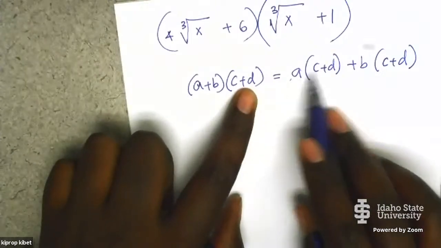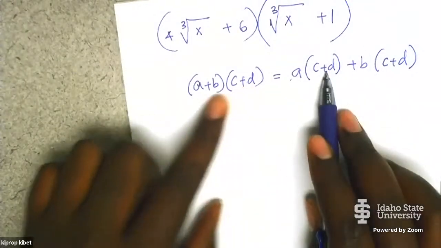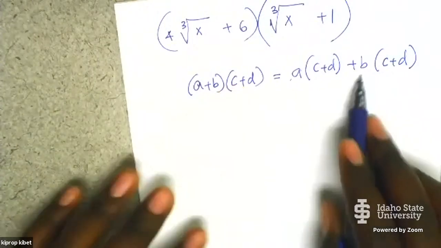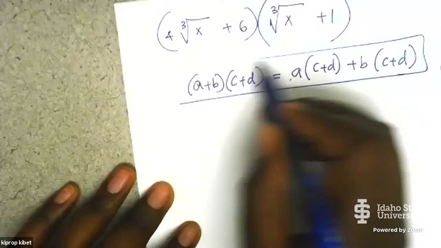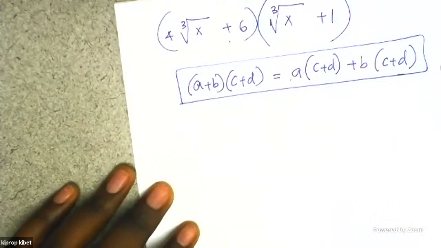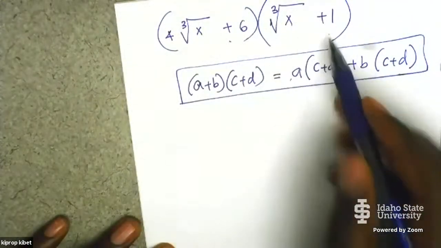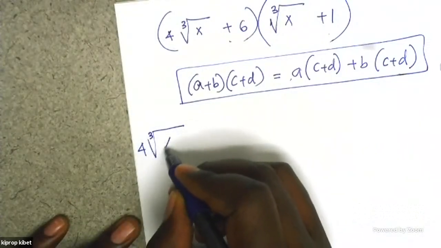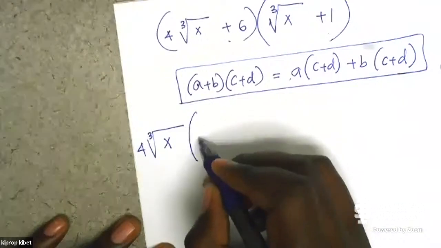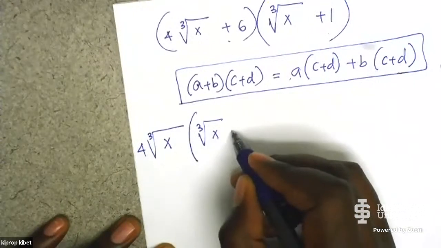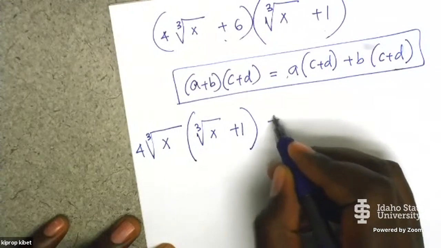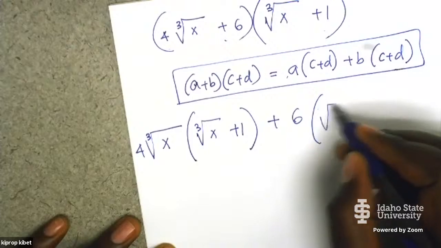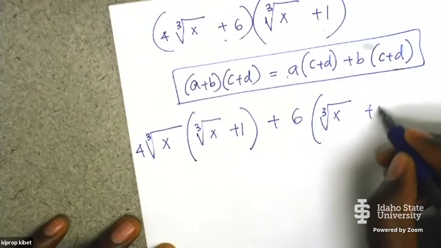So it's A multiplied by C plus D plus B multiplied by C plus D. So you can say 4 the cube root of x multiplied by the cube root of x plus 1, plus 6 the cube root of x plus 1.